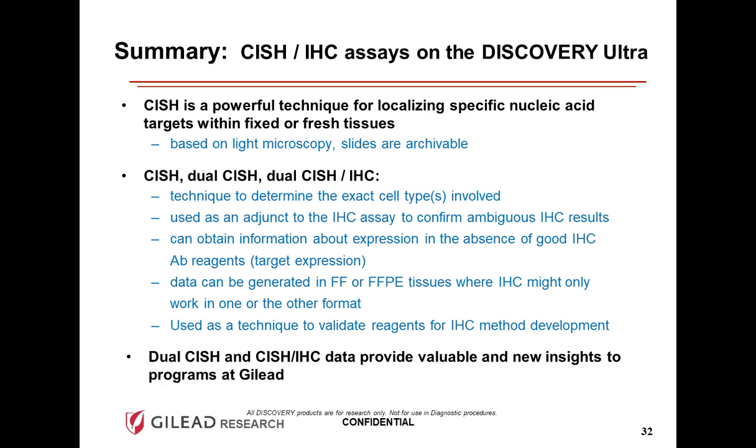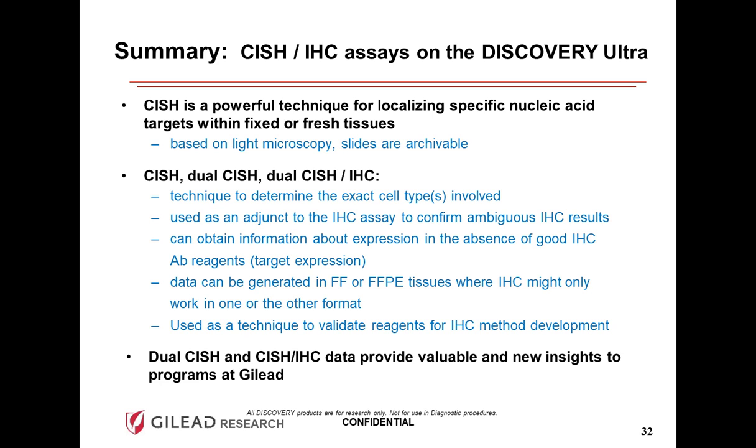Using CISH or dual CISH or dual IHC and CISH really allows you to determine the exact cell types involved. Not only does it help you identify cell types, but also subtypes of specific cells. We've used them as an adjunct to IHC assays, confirming ambiguous IHC results, or confirming expression when we don't have a good IHC reagent.